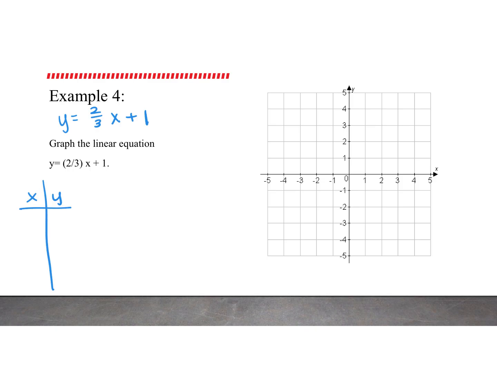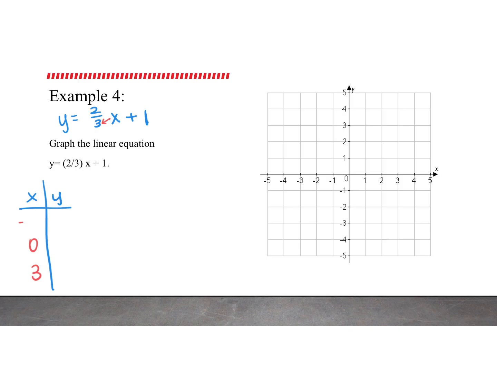But whenever I see there's a fraction involved, it makes life a little bit easier if you go by multiples of that denominator. So I can still use 0, but instead of plugging in a 1 or plugging in a 2, which would mean I'd have a fraction in my problem, I'm going to go with a 3, because 3 is a multiple of 3, or you could do 6, 9, 12.